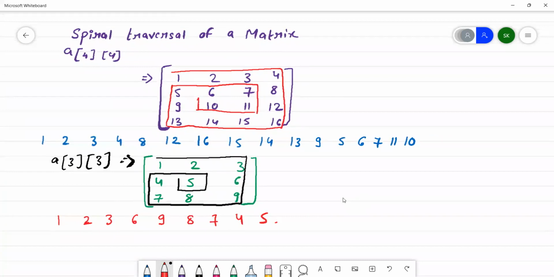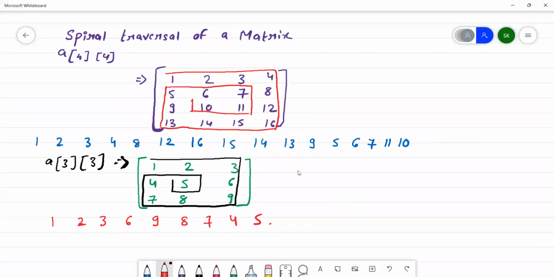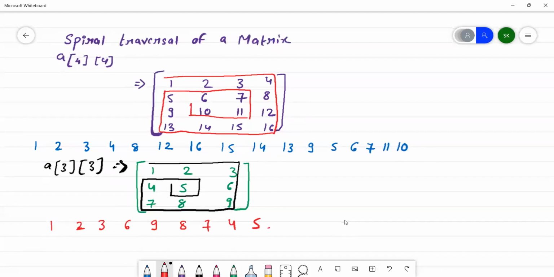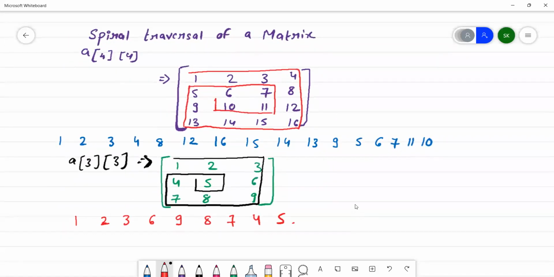You can figure out the solution of this. Otherwise, I will discuss this. You can take the screenshot of this. You can find this in most of the coding platforms as well, because spiral traversal of a matrix is quite a famous question.